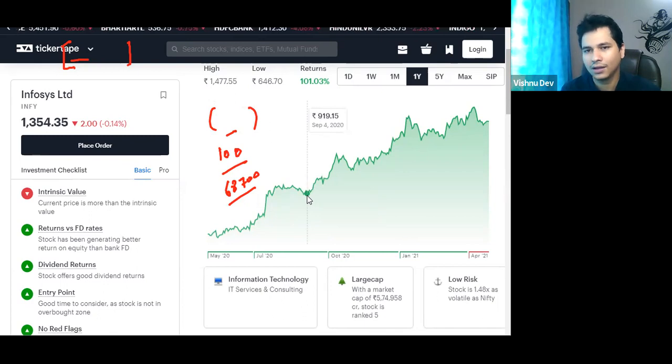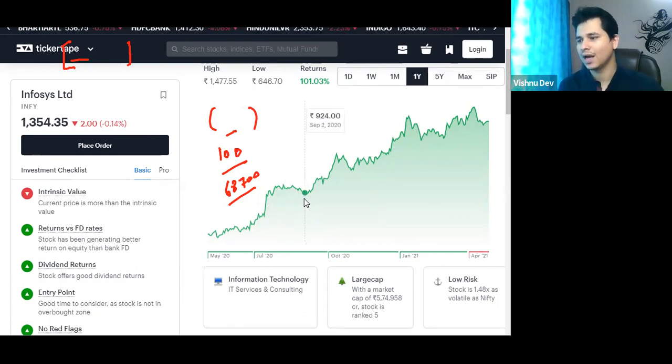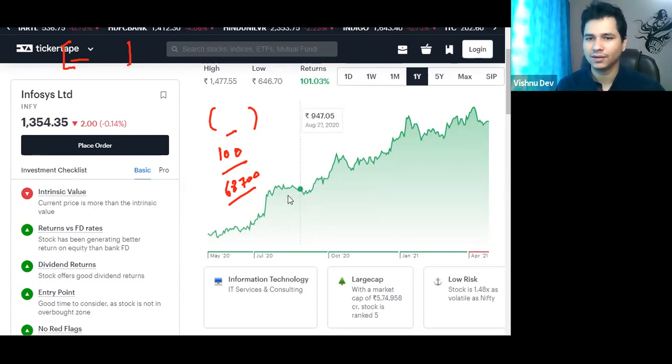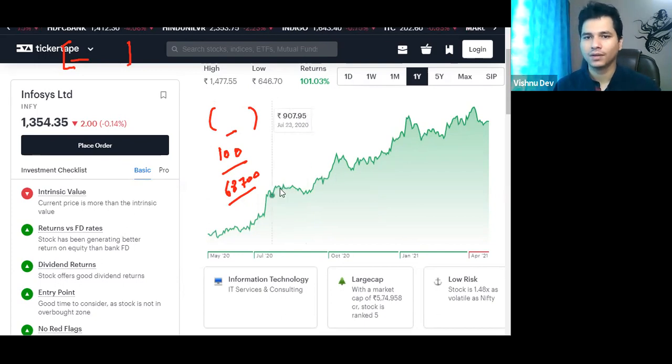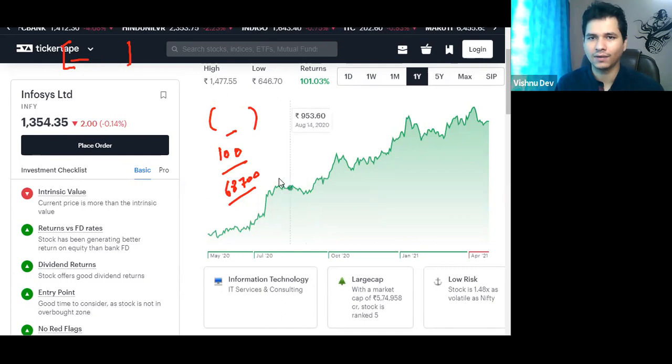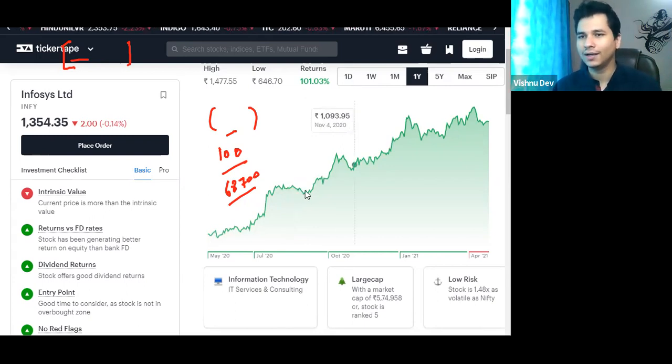So suppose someone bought here at 960 and sold at 920, they would have losses. If someone bought the shares at 960 rupees and sold them thinking it would go further down, at 920 rupees, they would have made losses, yes or no?